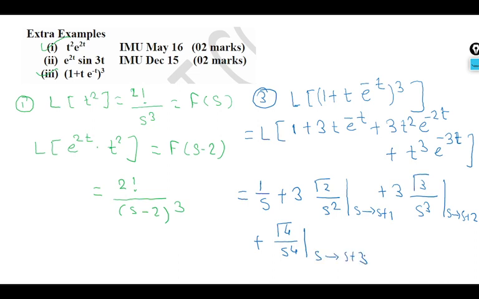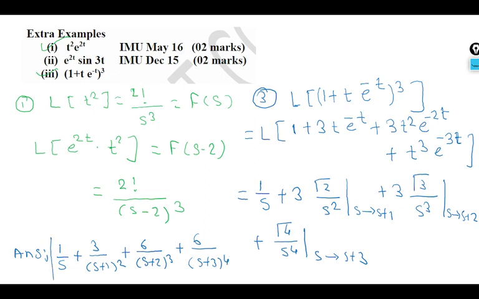Therefore the answer is, I will write it directly: 1 by s as it is, plus gamma 2 is 1 factorial, which is 1 itself, so 3 upon s plus 1 bracket square. Next, gamma 3 is 2 factorial, so that is 2, and 3 into 2 is 6 upon s plus 2 bracket cube. And the last term, gamma 4 is 3 factorial, which is 6 again, upon s plus 3 raised to 4. So this is the final answer.